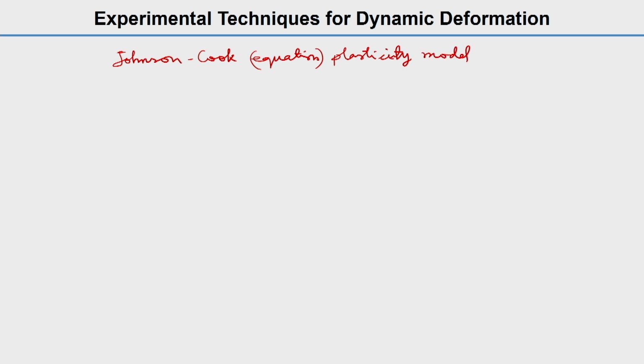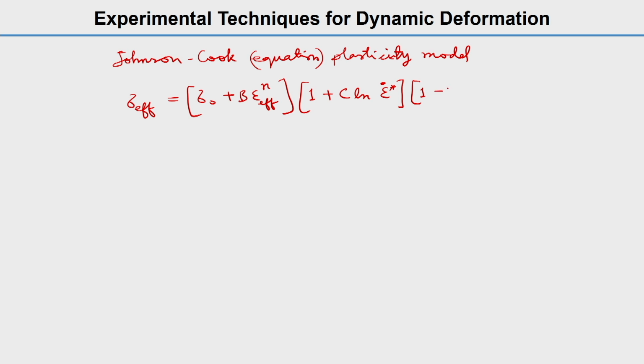The constitutive behavior looks like this: sigma effective equals sigma naught plus B epsilon effective to the power n, and it's not ended here. Then 1 plus C natural logarithm of strain rate, and 1 minus T star to the power m.